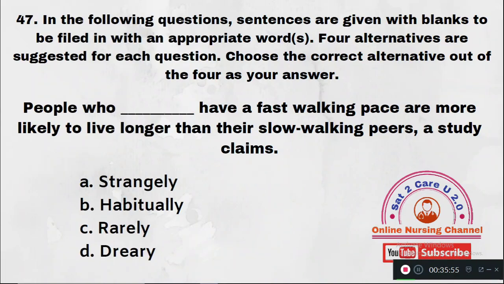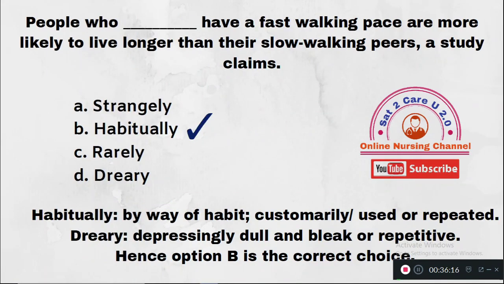People who have a fast walking pace are more likely to live longer than their slow walking peers, a study claims. Option A strangely, B habitually, C rarely, option D dreary. So the answer will be habitually.